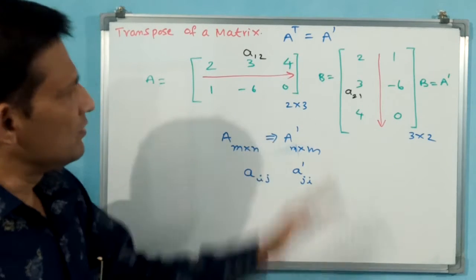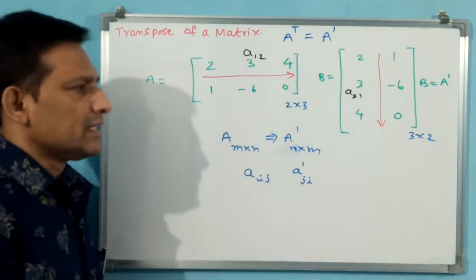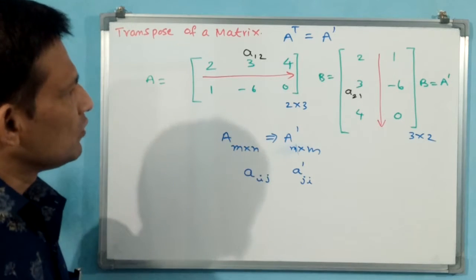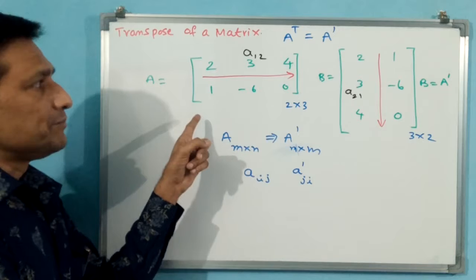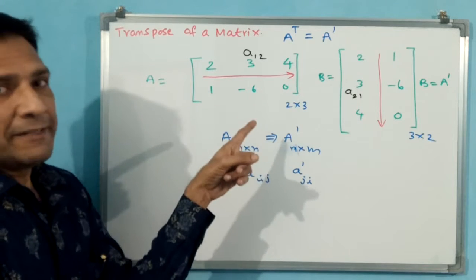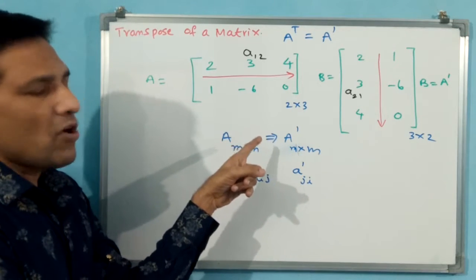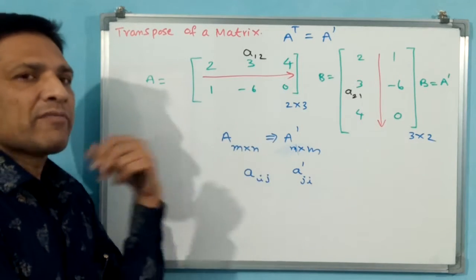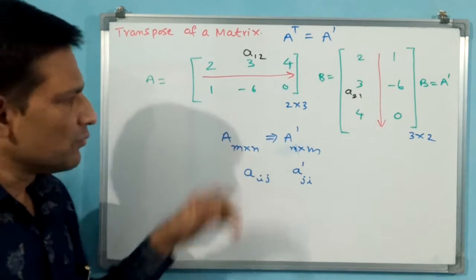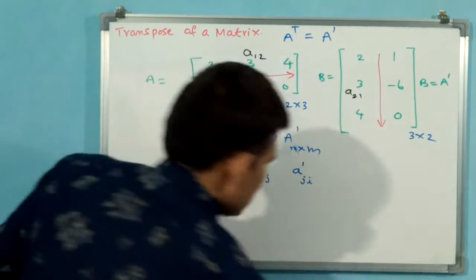Okay, now the concept you have understood, then some points we understand here. Now you see here, this is a non-square matrix. What will happen if you transpose a square matrix, that we will see.